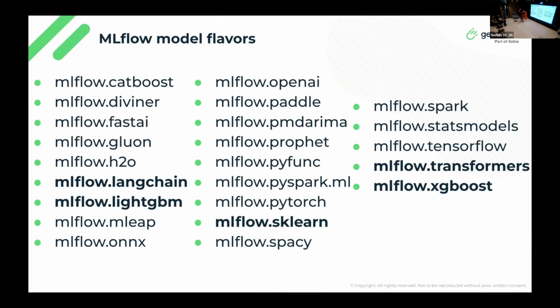And if you save the model from MLflow during your training job, it will get saved in a format that is native to this library. So for example, with scikit-learn, if you save the model via MLflow integration, it will be saved most likely as a pickle or as a joblib, while if you save, for example, from PyTorch, it will be saved in a tensor format native to PyTorch.